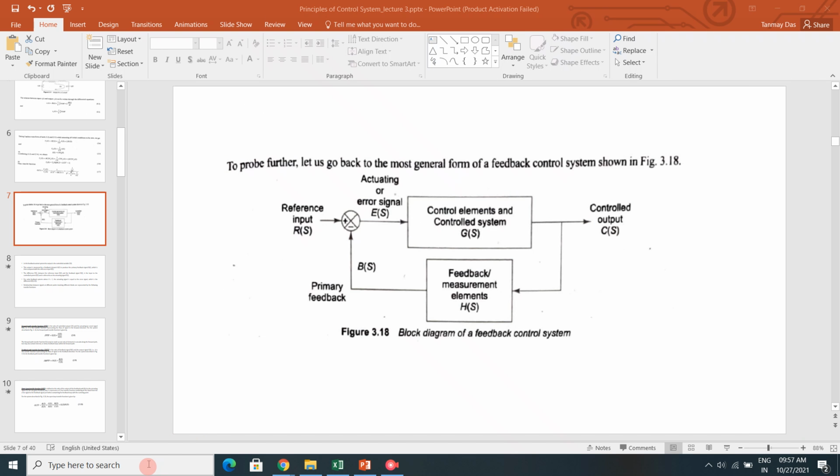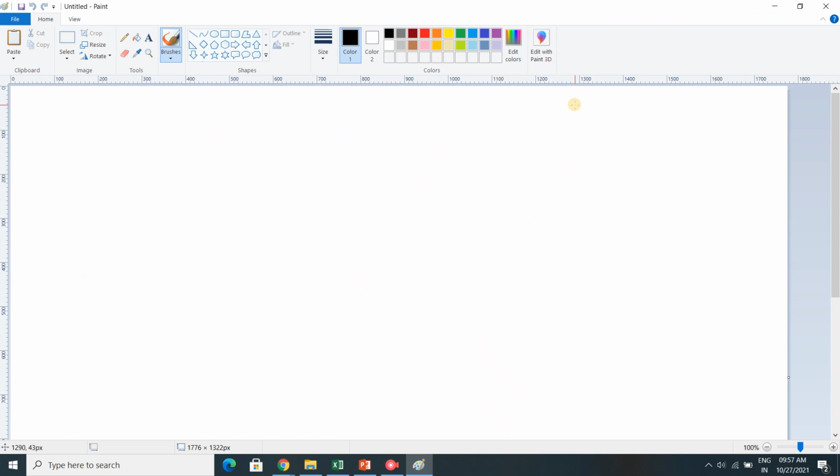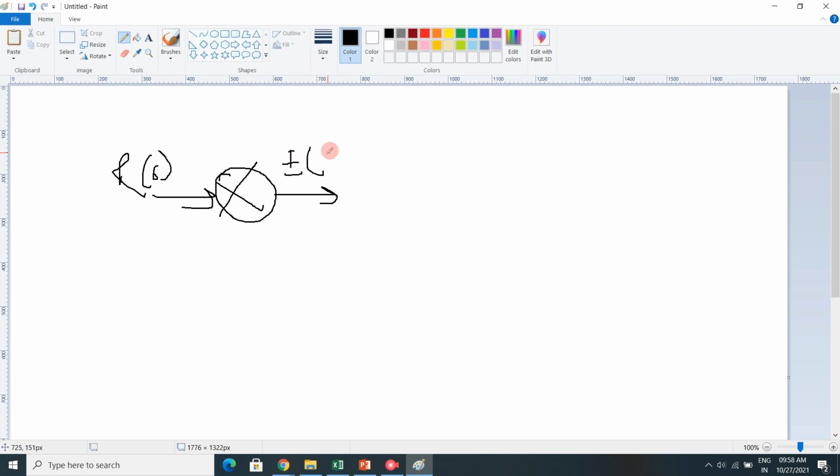What I'm saying is that if I represent over here that you have a signal like this, this is the summation point, this is R(s), this is E(s), and here you have blocks like this.